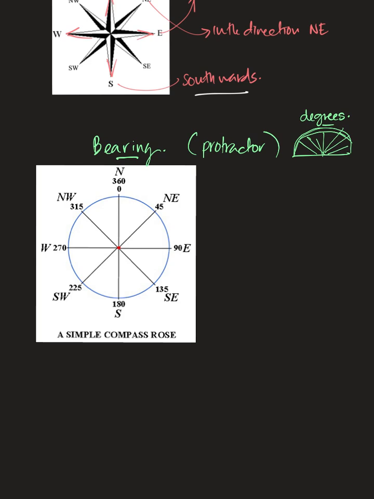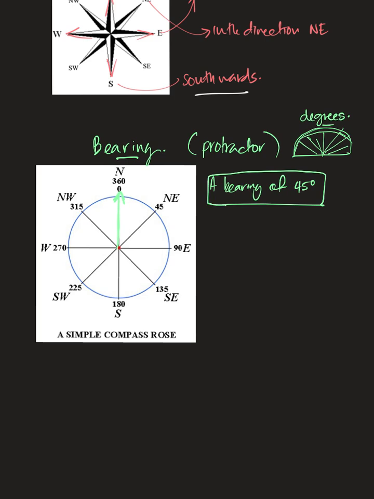Right, now when we look at something like this, we're going to start here at north with 0 degrees. So there's where the starting line is. Can we see that? And let's say they want a bearing of 45 degrees. Right?